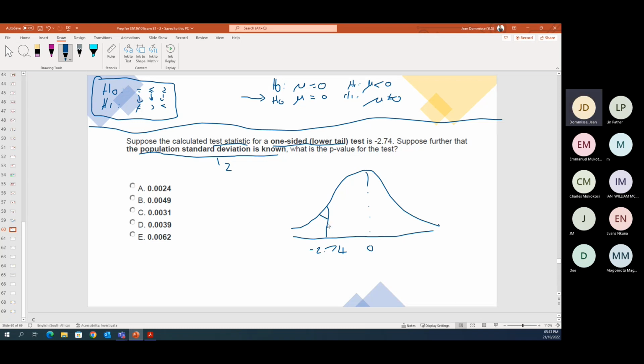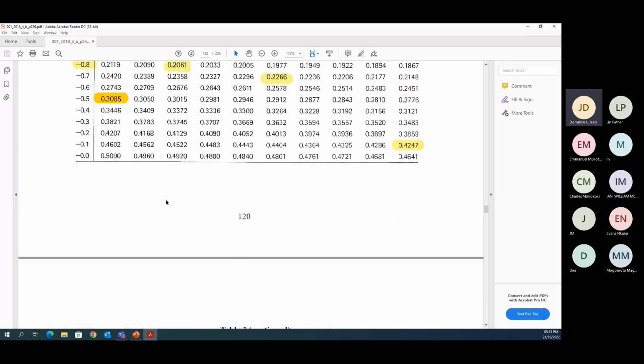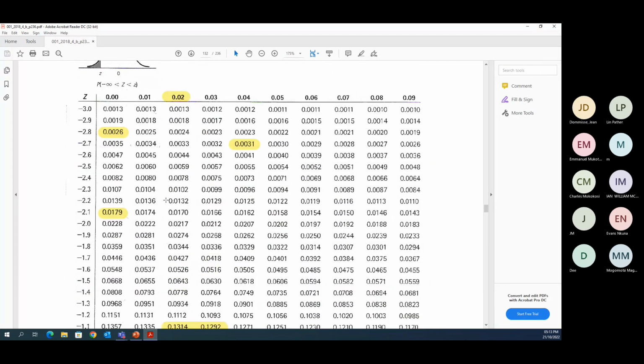Okay, so they want that value. There might be a catch in this one, so let's just check. Let's go to minus 2,74, and it will probably highlight it.